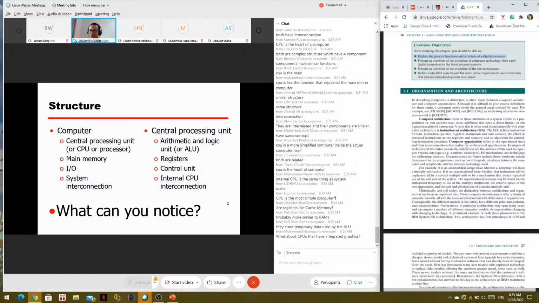Question in the chat. Let me see. Are registers like cache memory? Now, there is some cache in the processor.